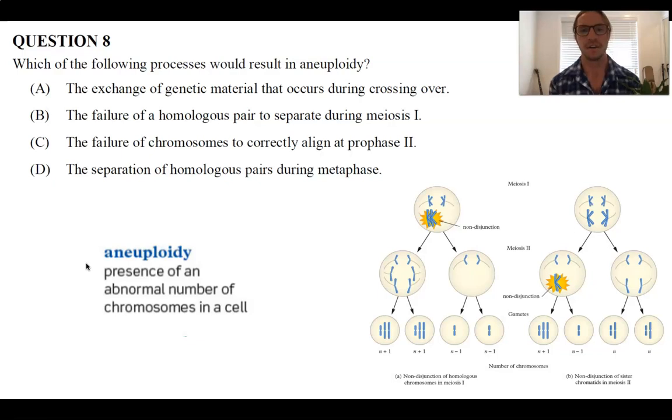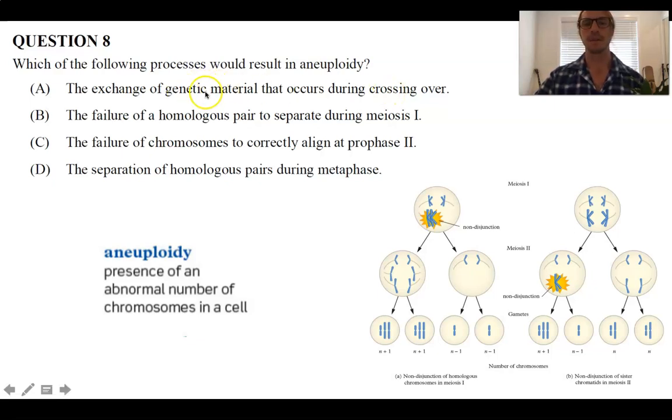Okay, I hope that you've had some time to think about this. Which would result in the presence of an abnormal number of chromosomes in a cell? Would it be A, the exchange of genetic material that occurs during crossing over?